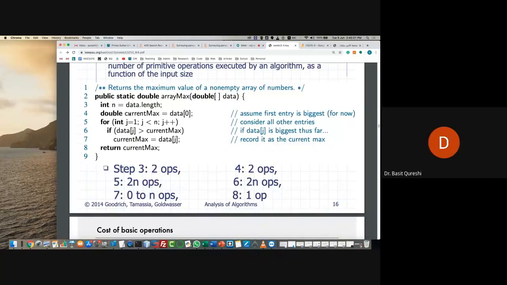Okay, but we do not know exactly what the size of the array is. It depends on whoever passed this array. We don't know. So what we can do is consider n to be a very large value. We'll give it in terms of n. So let's say this particular condition is going to run n times.